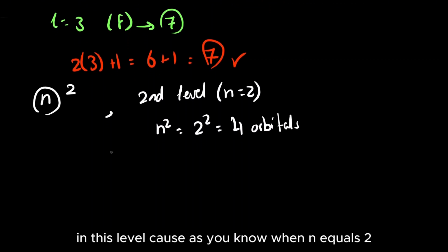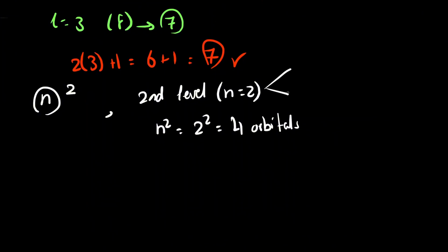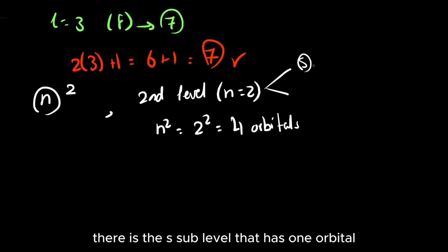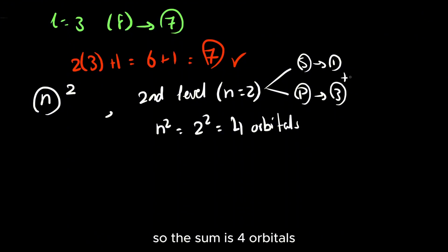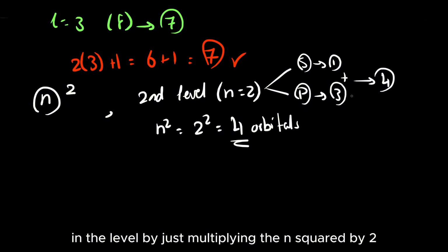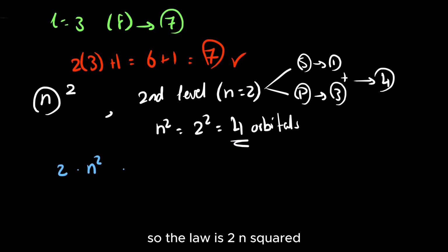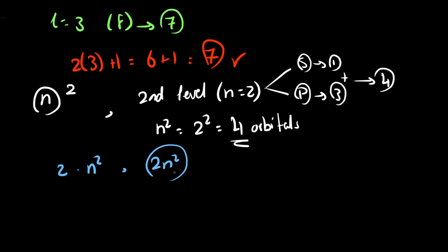Because as you know, when n equals 2, there is the s sublevel that has 1 orbital. It also has the p sublevel that has 3 orbitals. So the sum is 4 orbitals. You can also get the number of electrons per level by just multiplying the n squared by 2. So the law is 2n squared, because each orbital can carry up to 2 electrons.